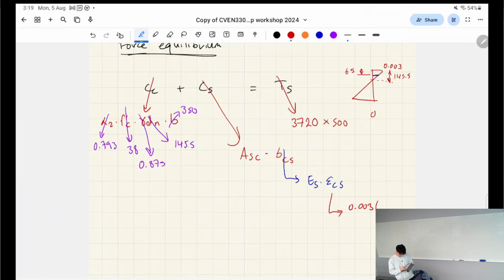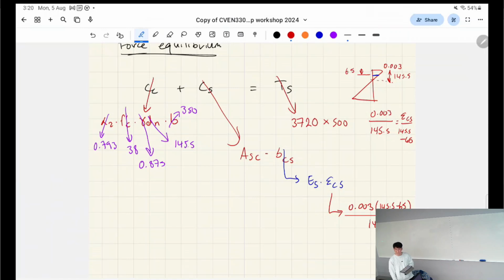Okay, rise over run is equal to, the rise is this, right? Over run is 145.5 minus 65. Okay, so we rearrange for this, we get 0.003 times 145.5 minus 65 over 145.5.